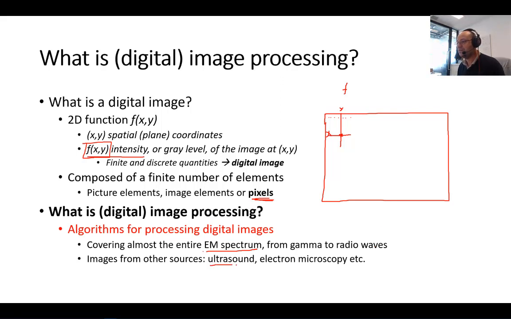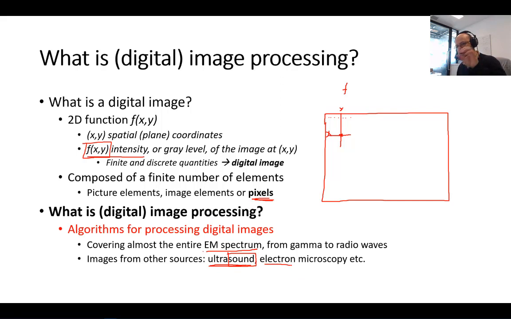images from ultrasound. As the name says, it's not visual, it's not light or electromagnetic information. It's actually sound. Electron microscopy, where it's not sound or light, but it's electron.